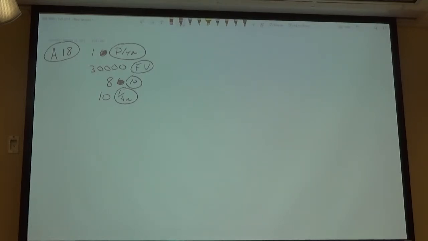And they're asking you, basically, should he buy it at the price of 15,000? No. But before we do that, what we're going to do is see what he should buy it at, which is the present value. Okay?